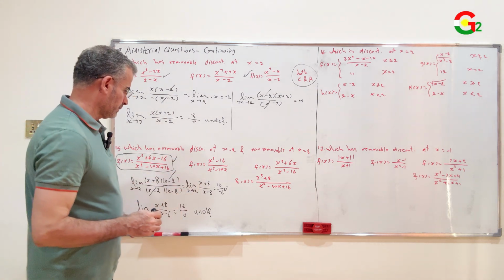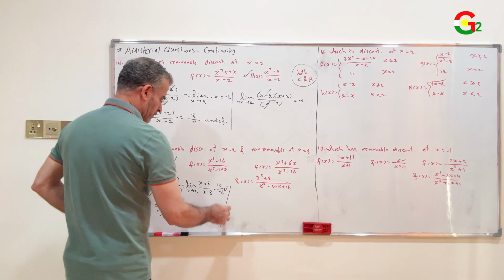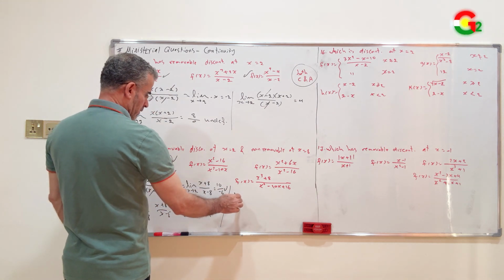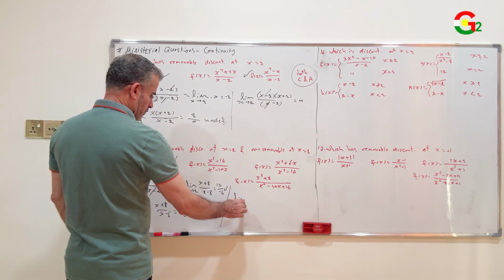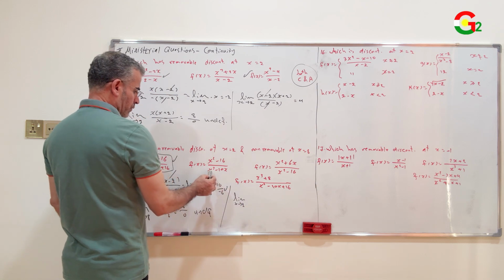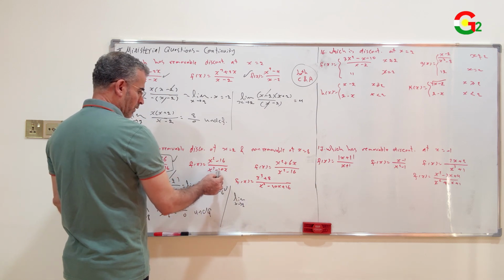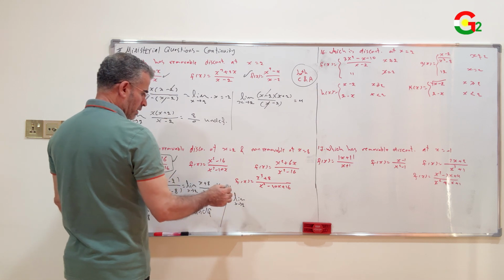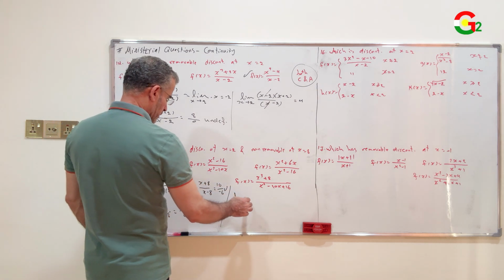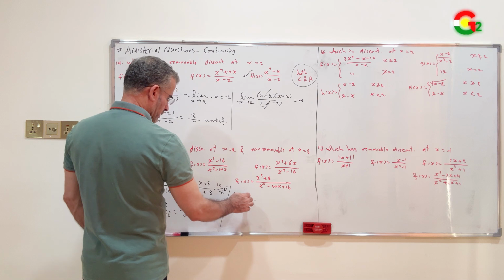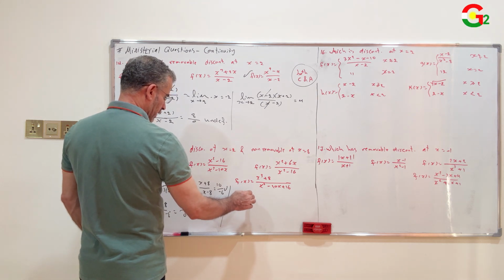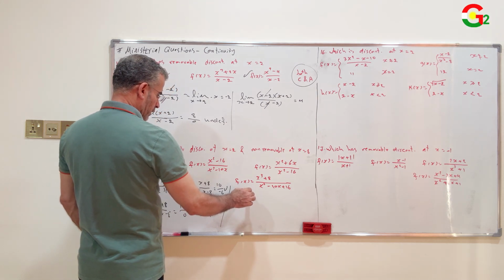For this function, if we want to check it, then the limit when x approaches 2, 2 power 2, 4. 4 minus 20, it is not 0. Therefore, I substitute directly every x with 2.